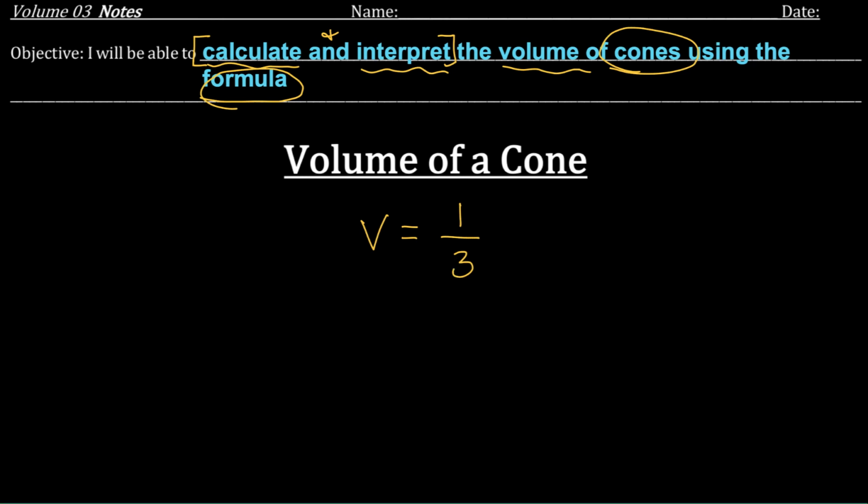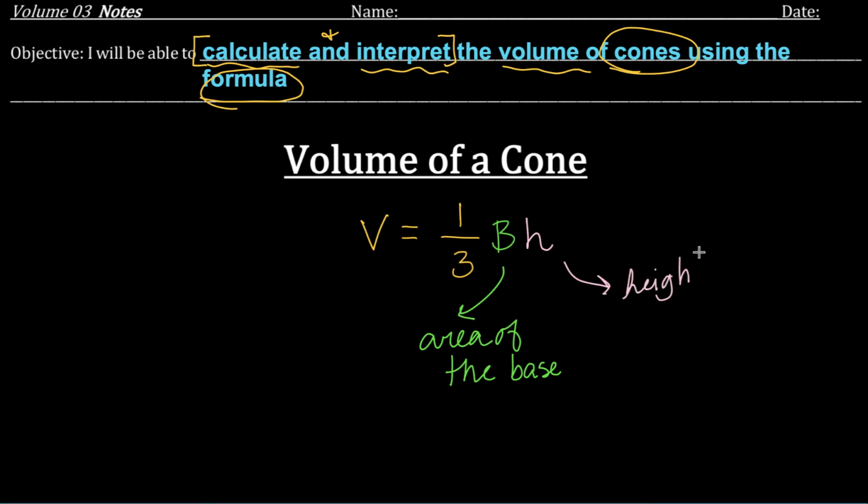1/3. Let's put a different color. We'll put B, capital B, and then H. So let's do BH, where capital B, once again, is area of the base, and H is the height of the 3D object.